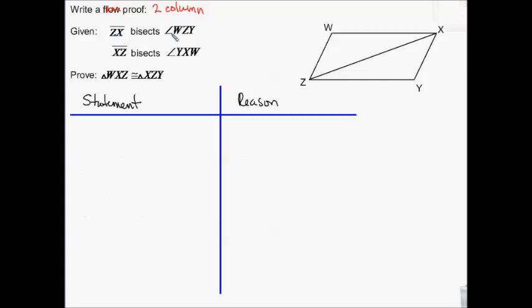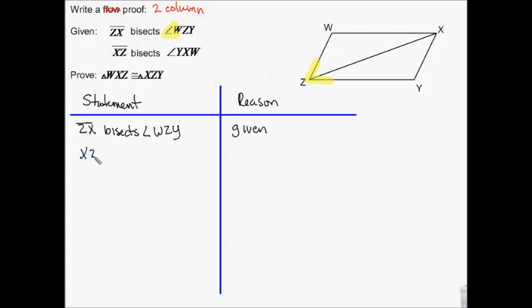Okay, ZX bisects angle WZY. And I'm just going to make this easier, I'm going to label these angles. WZY is this angle here, because it goes W to Z to Y. And that was given.